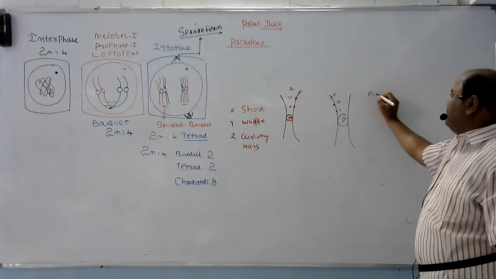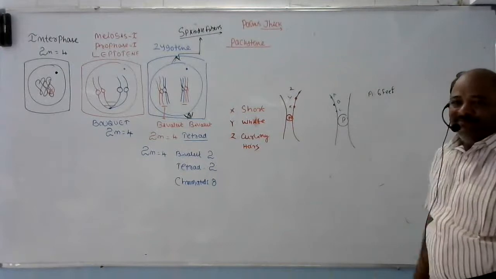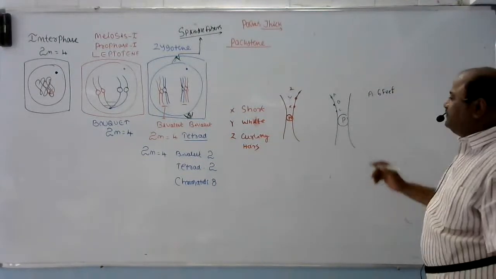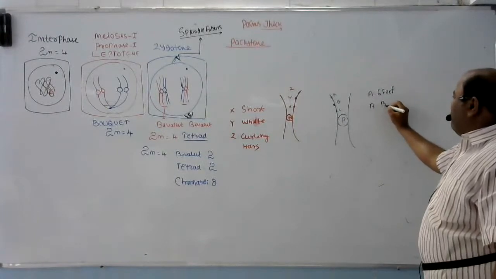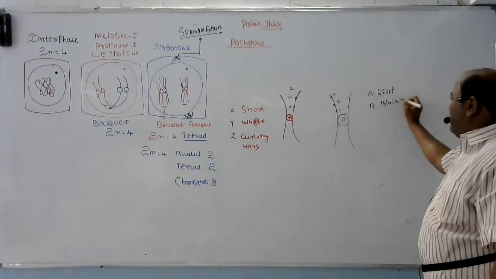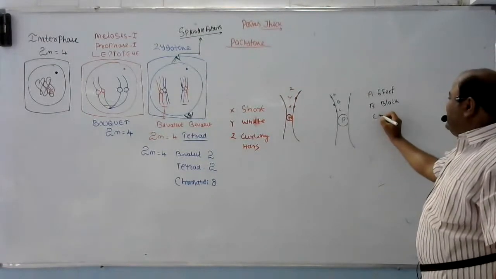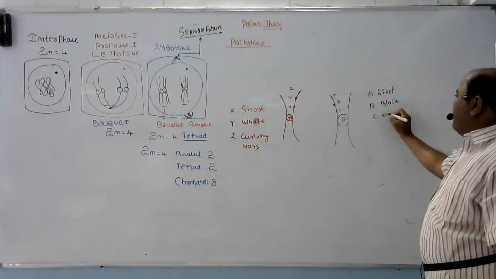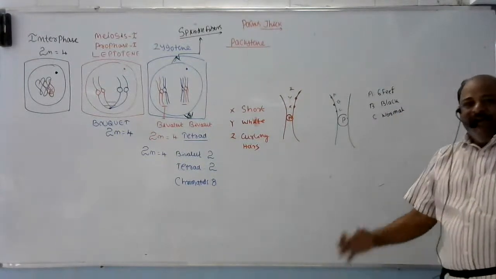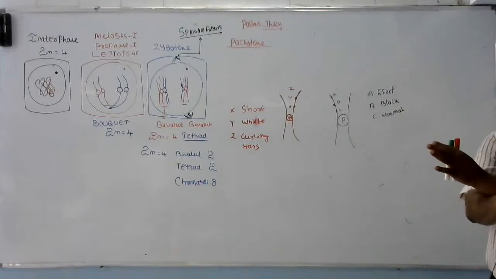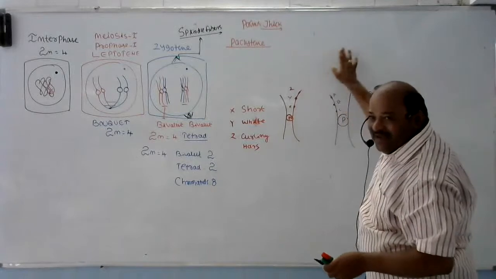Father is 6 feet high. B, a pleasing characteristic. Father is black. C gene is responsible for normal hair.